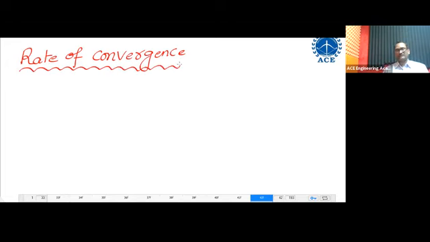What do you mean by rate of convergence? Rate of convergence decides how fast one particular method is. If the rate of convergence is high, that method is very fast convergent, which means we can get the answer very easily and fast. So write down the fastness: rate of convergence means fastness of one particular method.